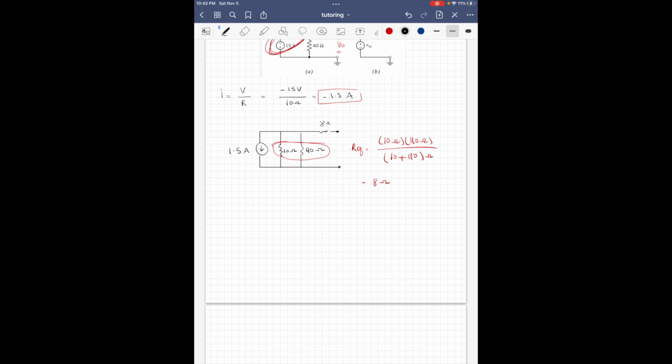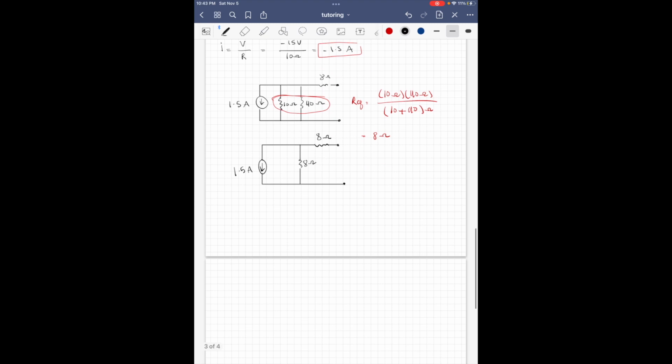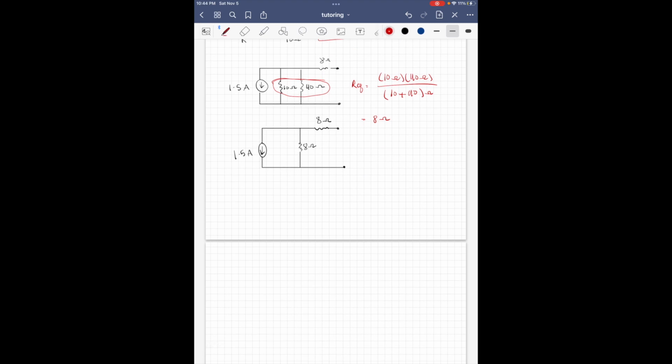Okay, so I'm going to redraw this circuit again to its simplified form. We're going to add the same current source here. Now here we have 8 ohms, and here we have 8 ohms. Now what I'm going to do next is, if you look at the circuit again, you have the 1.5 amps current source and a resistor, and they are in parallel.